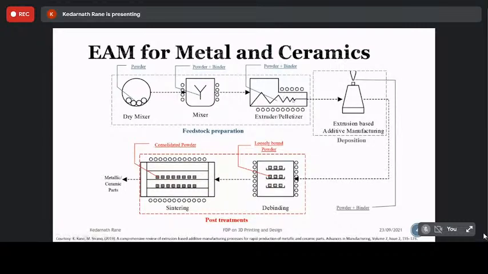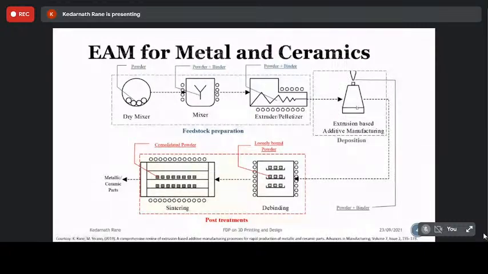Once it is ready in the form of pellets, wires or filaments, you can use it for the deposition process, which is similar to conventional 3D printing, but there are many variants of machines available nowadays. We are going to see various variations of this machine itself.